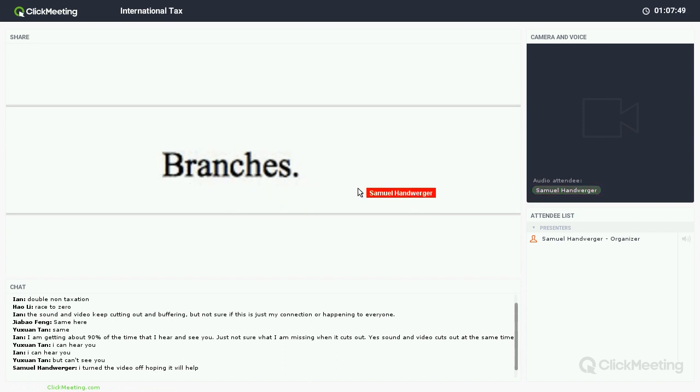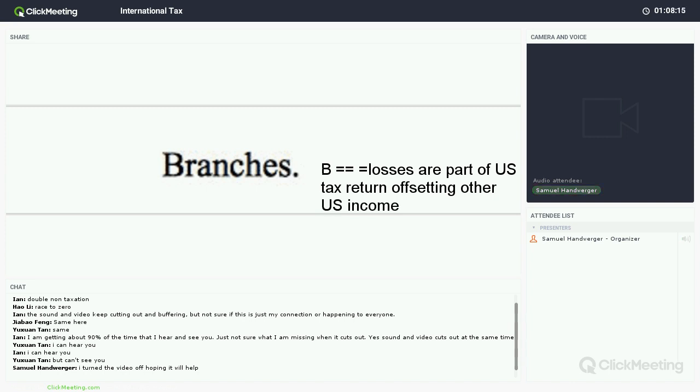Concept of branches in country B is that the losses are part of our US tax return, and so they offset other US income.